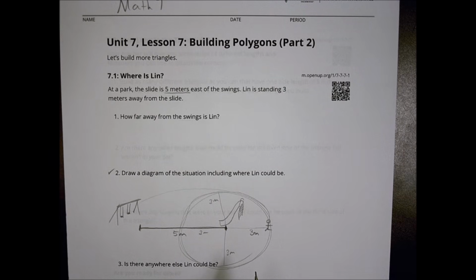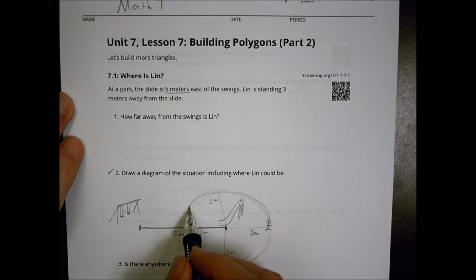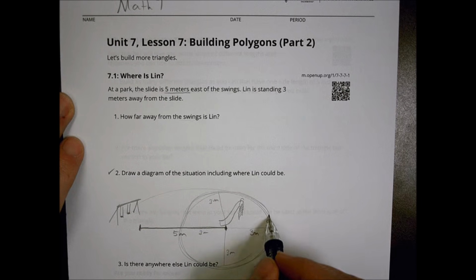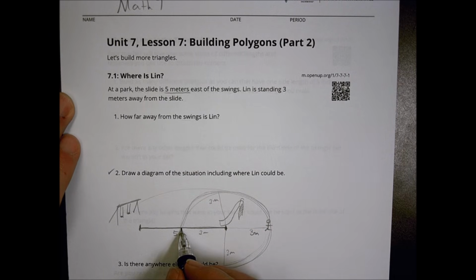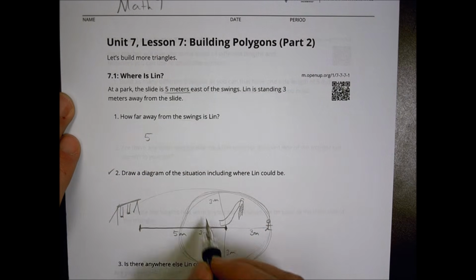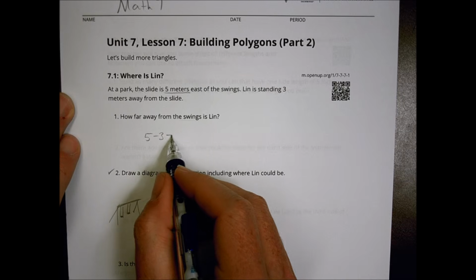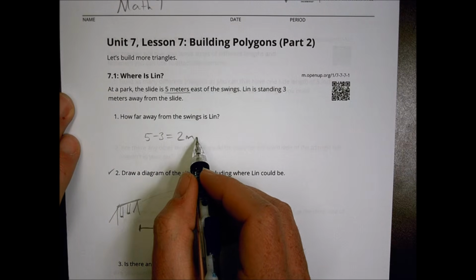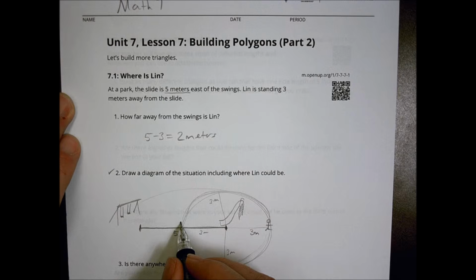So for Lynn, how far away from the swing she is depends upon where she is in this 3 meter radius from the slide. If she's here, we know that it's going to be 5 meters minus the 3 meters to tell us that she's going to be 2 meters away. If she was standing right there, that's 2 meters away.